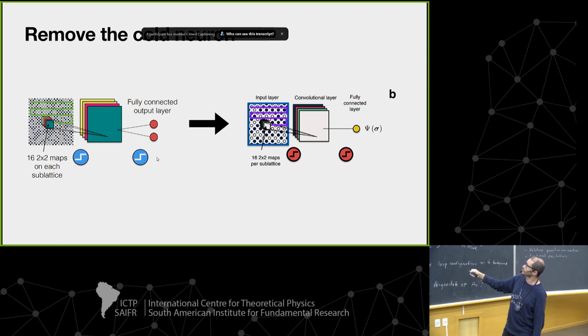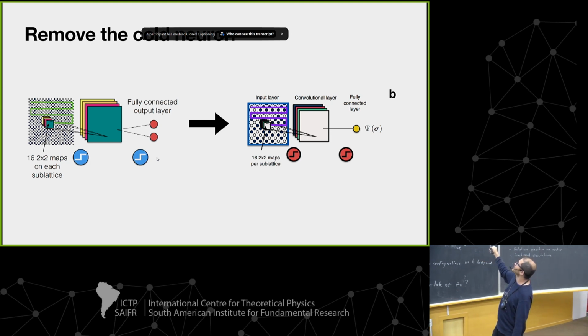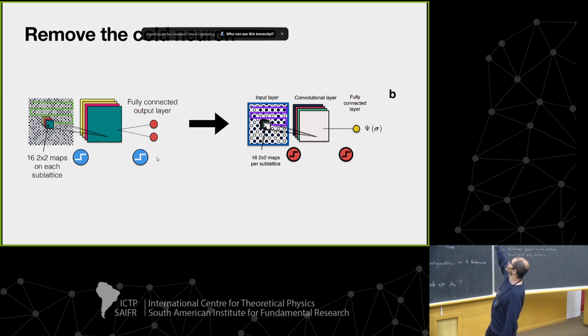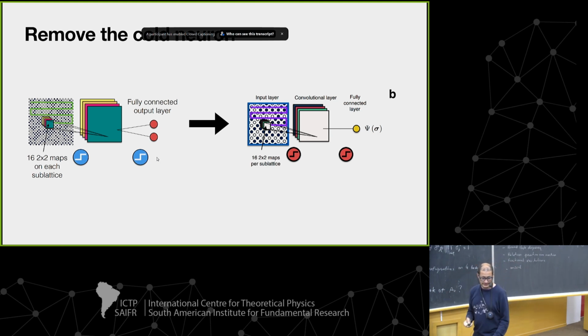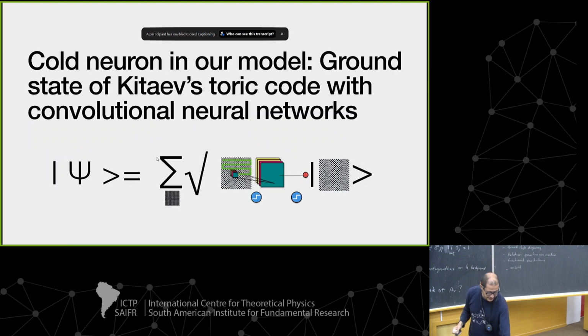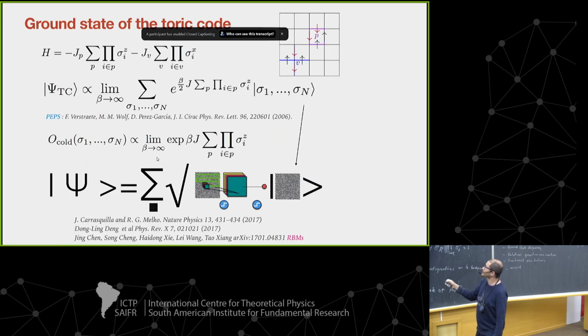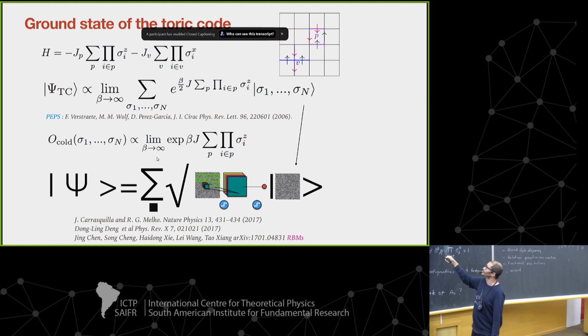We take this original neural network, get rid of one of the neurons, and then we can interpret this as this amplitude, okay? Now we take that and create a quantum superposition of these configurations or amplitudes, and that becomes the ground state of the toric code.